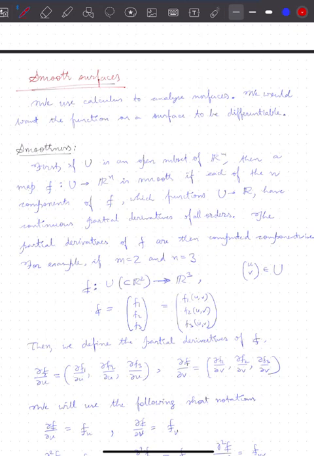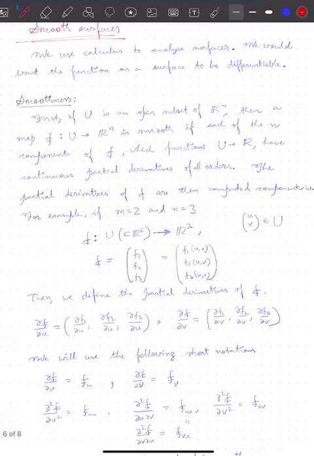And we would want the function on a surface to be differentiable, of course, and that gives us a lot of freedom in analyzing manifolds or surfaces, right? So we had initially begun with defining what the term smoothness implies.